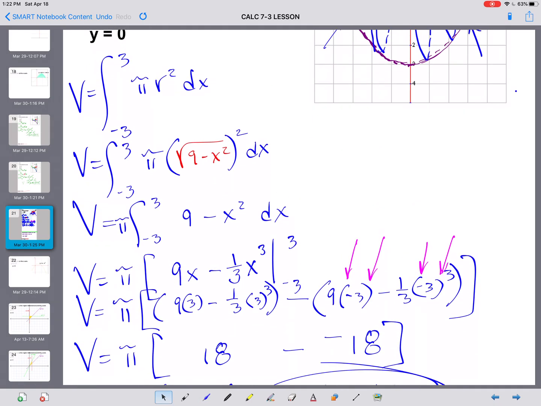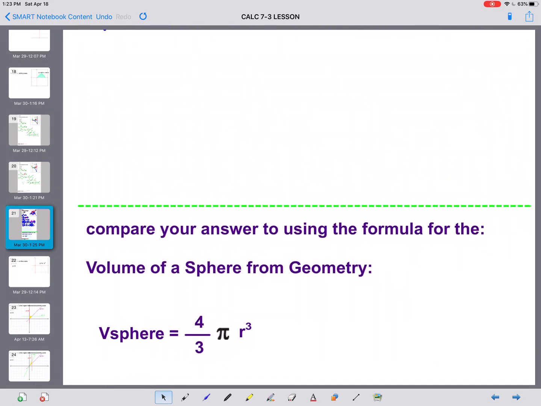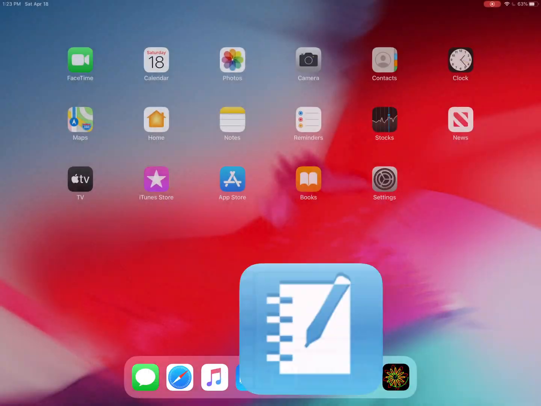Now take a look at the formula for a sphere. The formula for a sphere is 4/3 pi r cubed. Let's see if it works. Our radius on this sphere would be 3. So 4/3 pi 3 cubed.